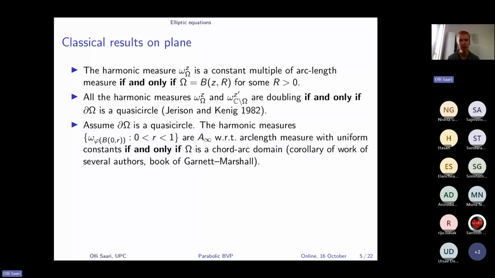And now if all these subdomains have their harmonic measures in A infinity with respect to the arc length measure of the corresponding subdomain, we know that the domain is a so-called chord arc domain, and also this can be reversed. And now a chord arc domain is something slightly better than a quasi-circle.